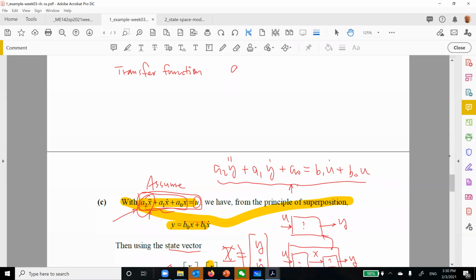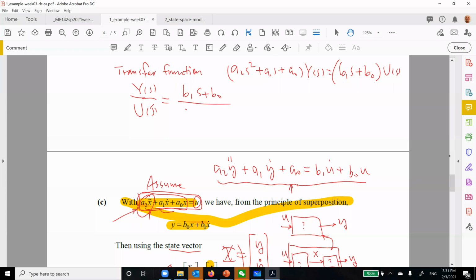It will be a2 s squared plus a1 s plus a0, then capital Y of s is b1 s plus b0 times U of s. So Y of s over U of s is b1 s plus b0 over a2 s squared plus a1 s plus a0.